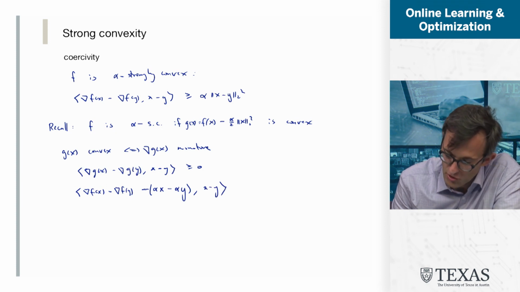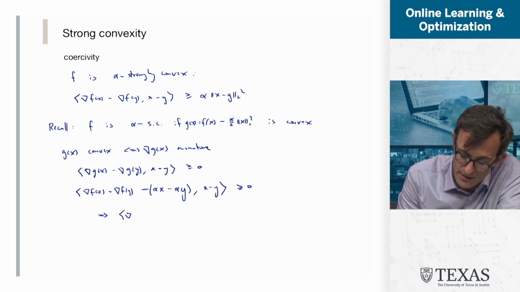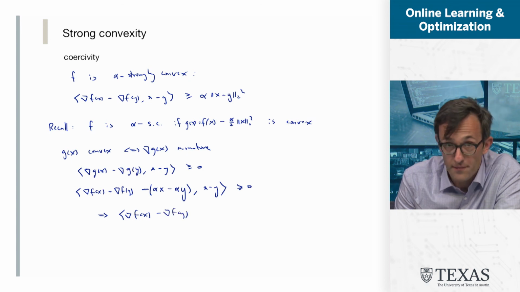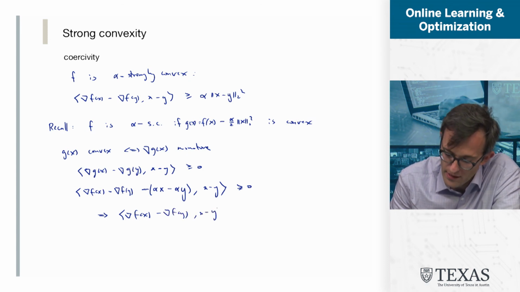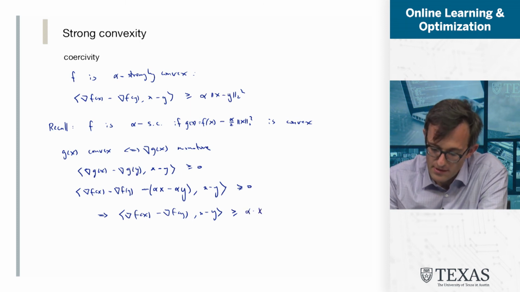And grouping these terms, non-negativity of this immediately implies that the gradient of f of x minus the gradient of f of y times x minus y is greater than or equal to alpha times x minus y squared.